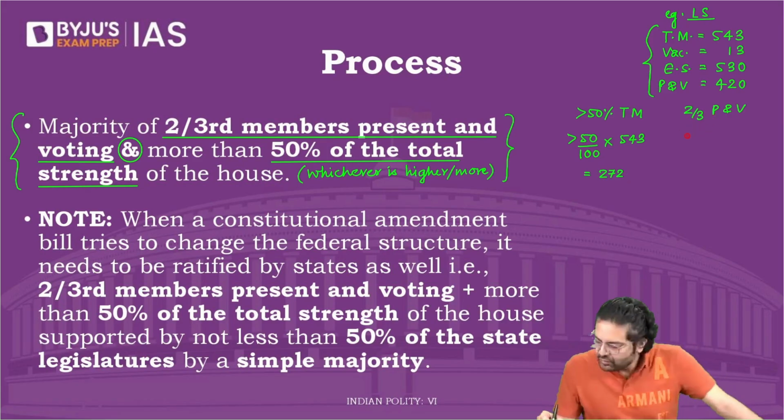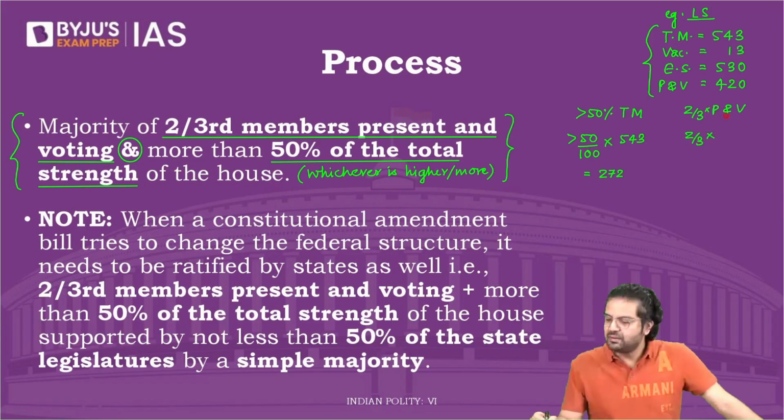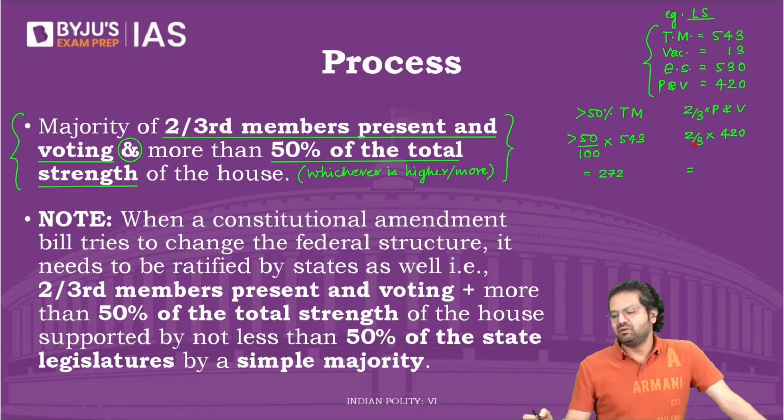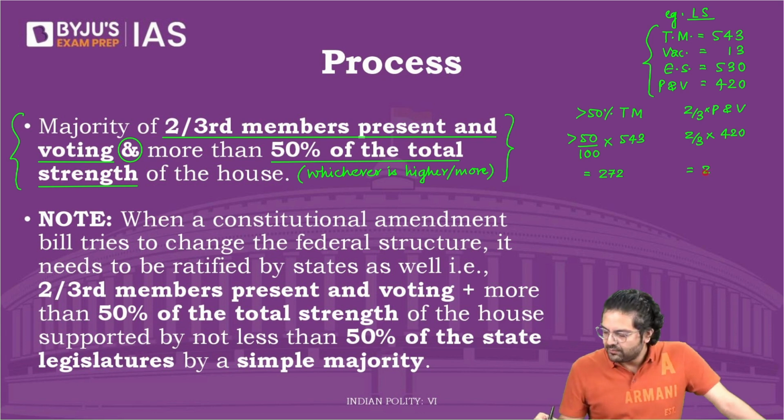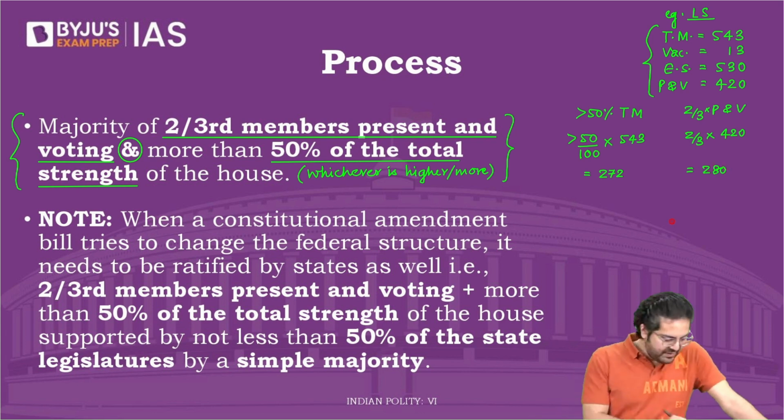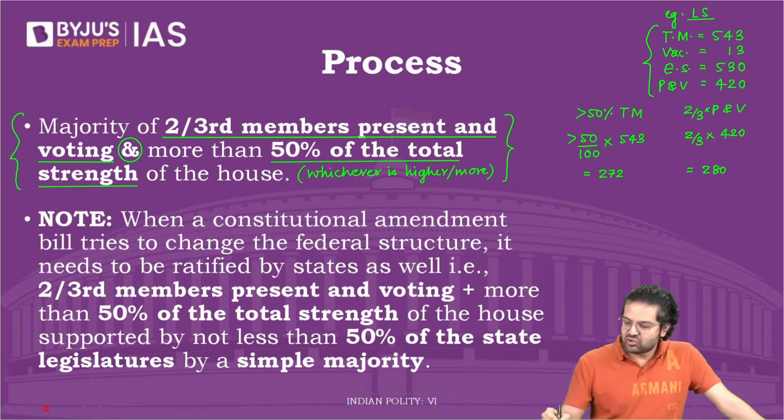Let's do this now. 2/3 into PNV. What is PNV? 420. 420 by 3 times 2 is 140 into 2, 280. Now, please tell me, what should be the number required?